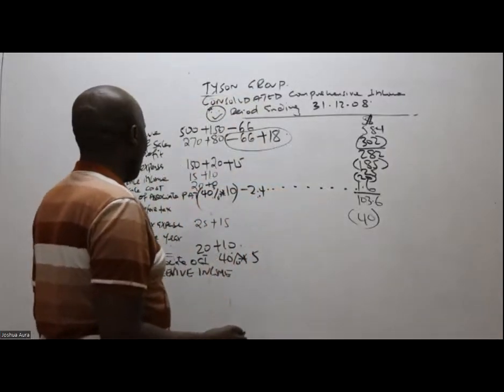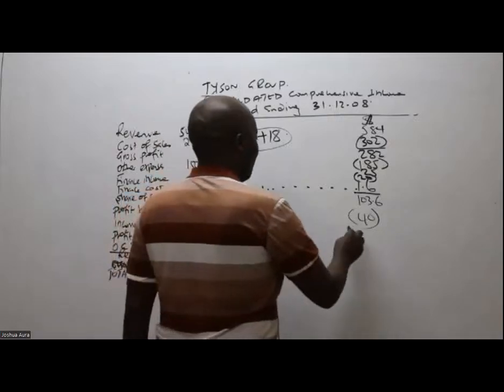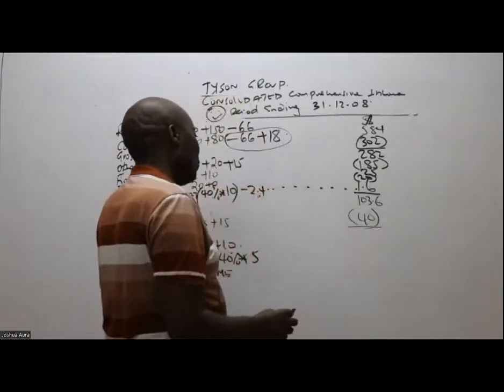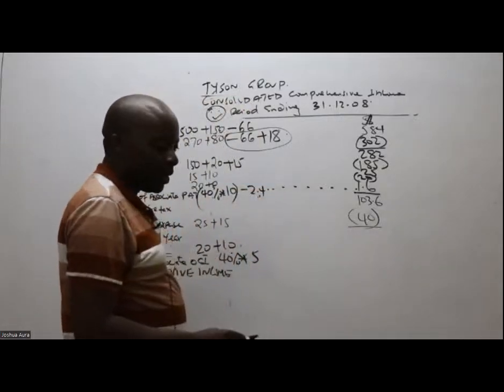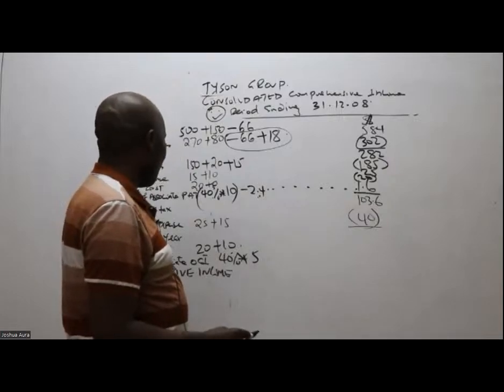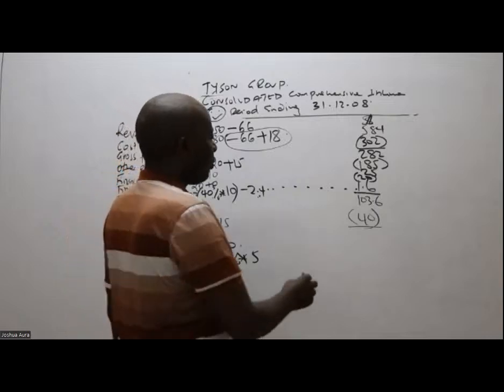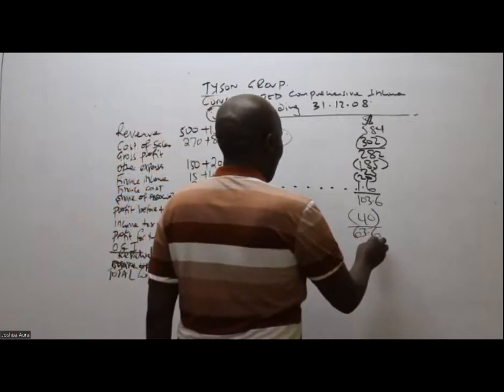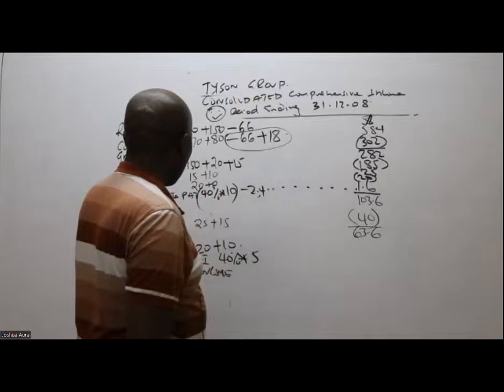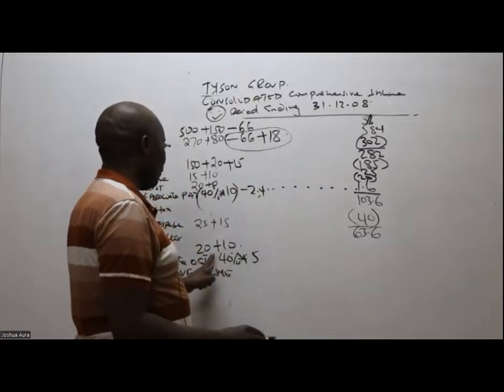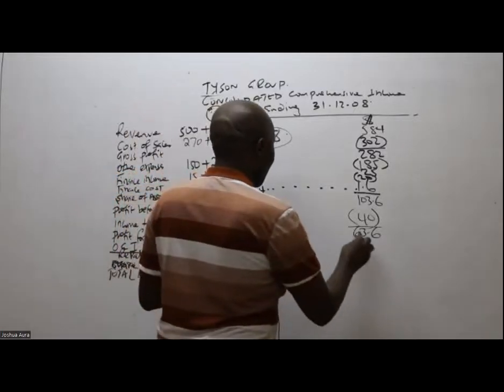Then we have the profit for the year. Profit for the year, what do we have here, somebody? 63.6, thank you very much, 63.6. And then we have the revaluation, which is a positive figure of 30.